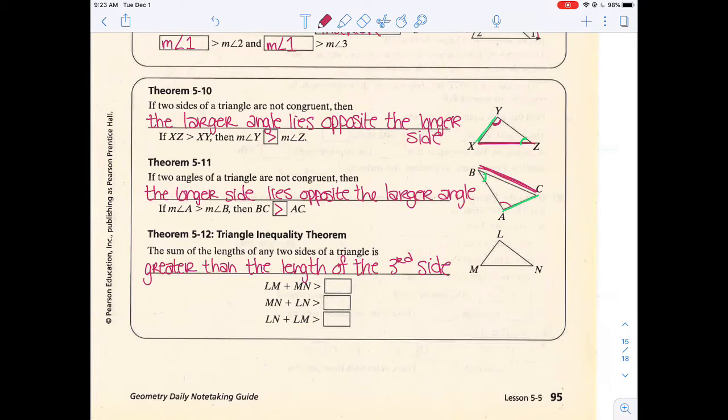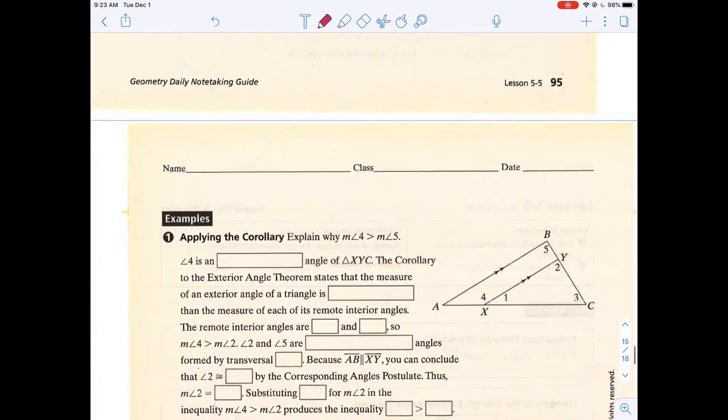So if I add LM and MN, that better be bigger than LN. If I add MN and LN, then that has to be greater than LM. And if I add LN and LM, that has to be bigger than MN. So two sides, when you add them together, have to be greater than the third side.